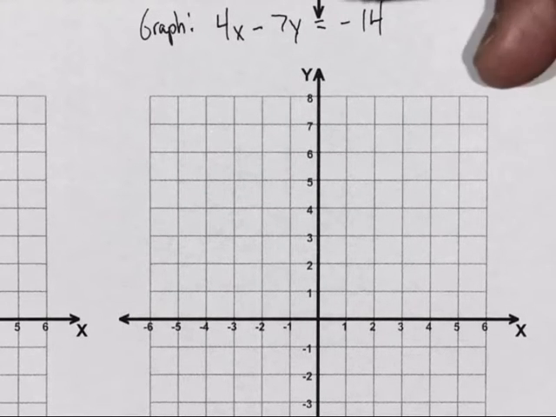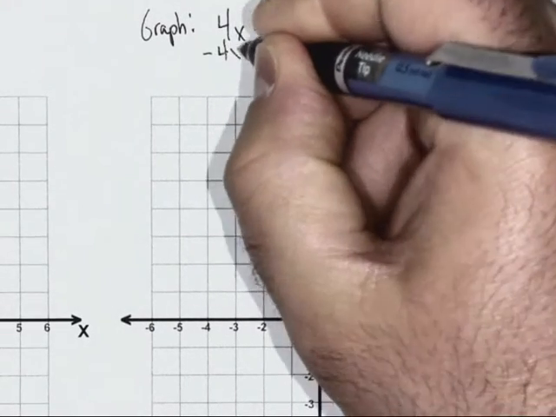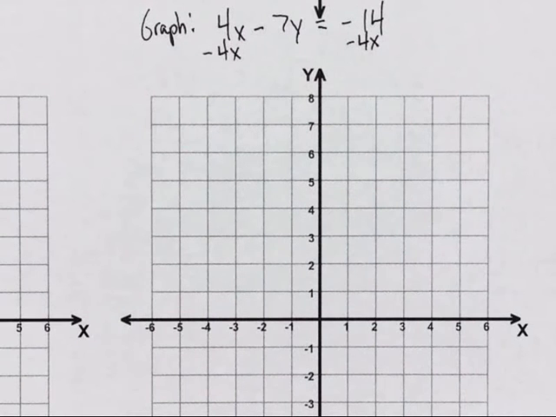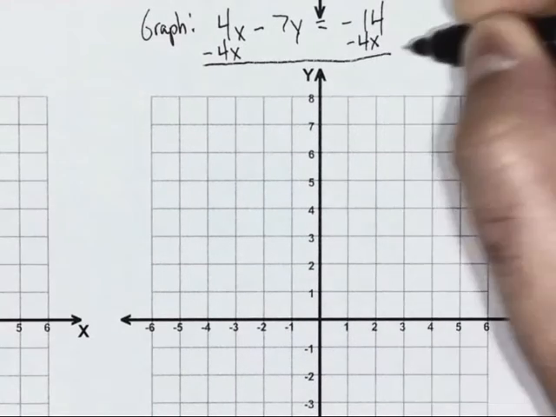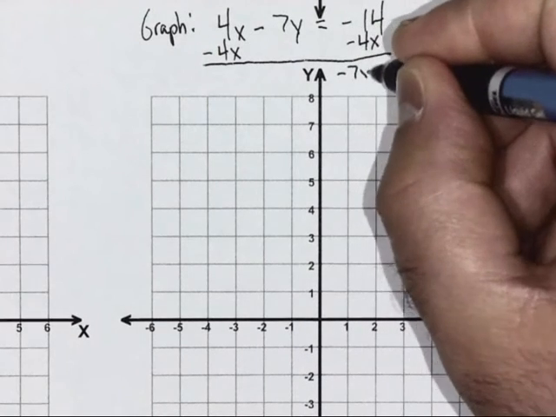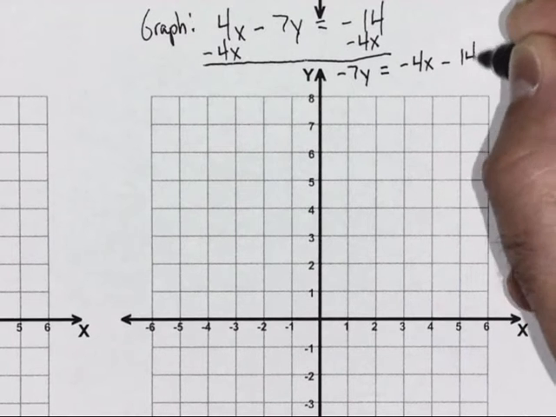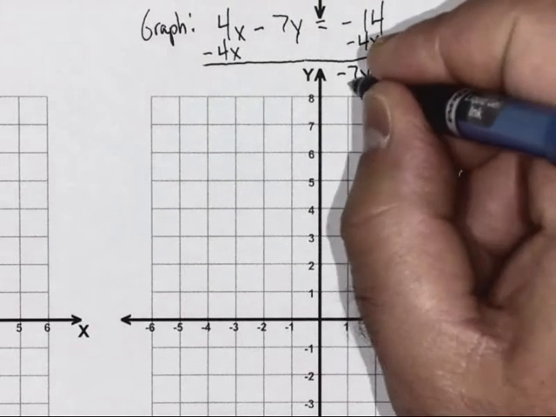So I would want to subtract the 4x to bring it to the other side. Negative 14 and negative 4x are not like terms, so I'm not going to combine those. That gives me negative 7y equals negative 4x minus 14. Then I'm going to divide everything by negative 7.